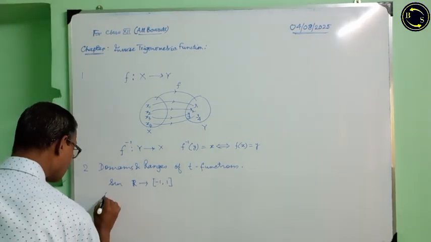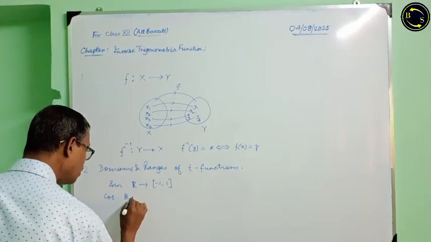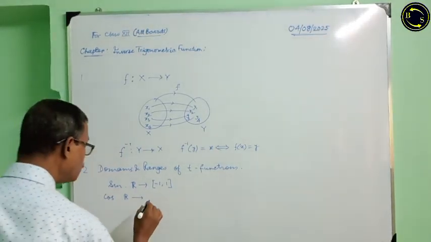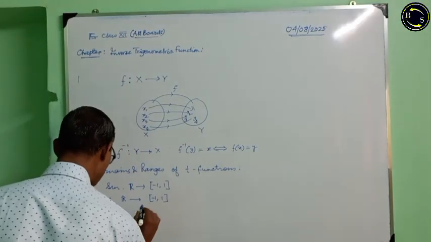Then cosine function, set of reals to closed interval -1, 1, same.